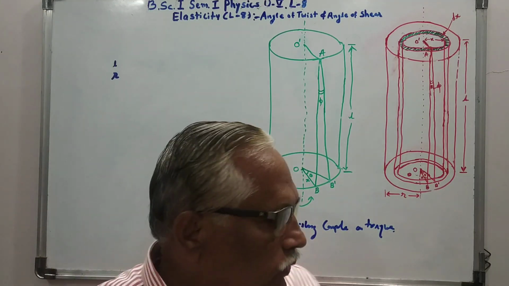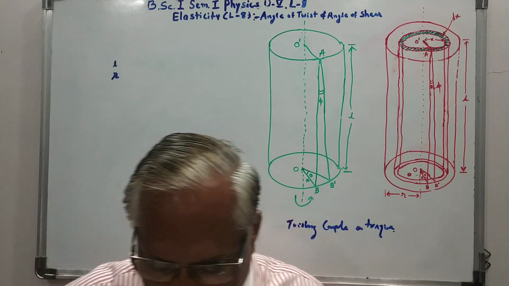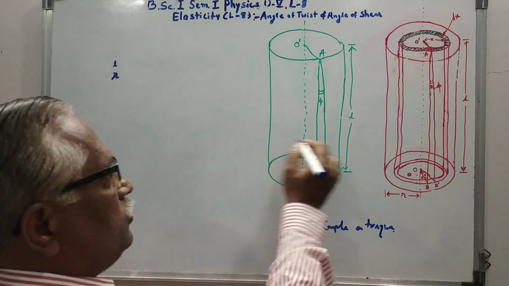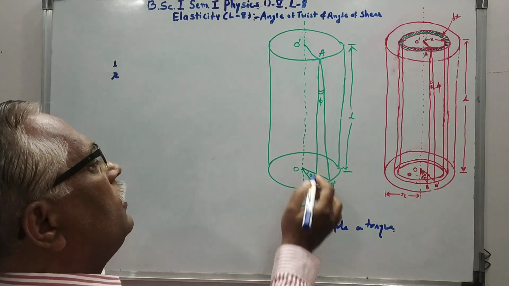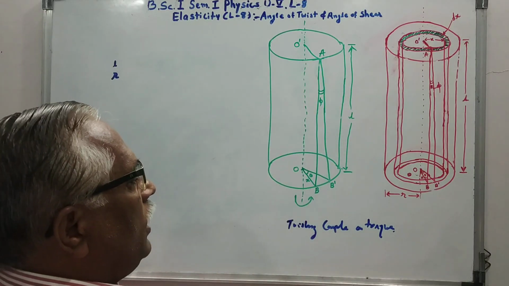Due to the twist produced at the lower end, every cross section of this vertical rod will get twisted through some angle.